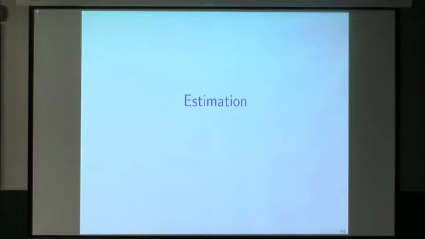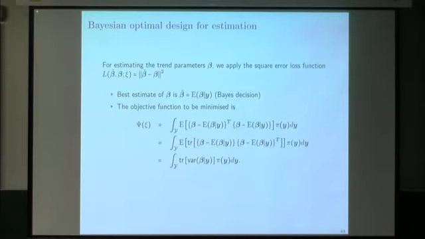And the last few slides are going to be from the estimation problem, designs for estimating the trend of the Gaussian process model. So we can have exactly the same decision-theoretic framework where we have the loss function, and the best estimate now is the mean of the posterior distribution of the trend parameters, and the objective function ends up being the trace of the variance of the posterior distribution averaged across the unknown data.